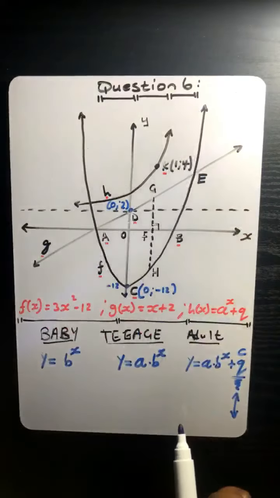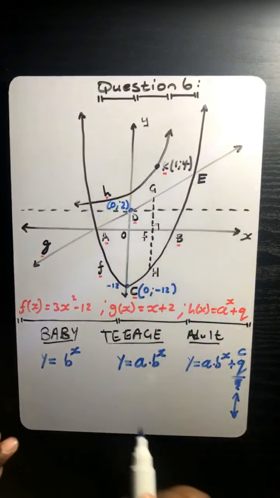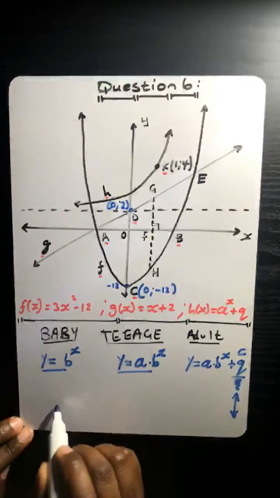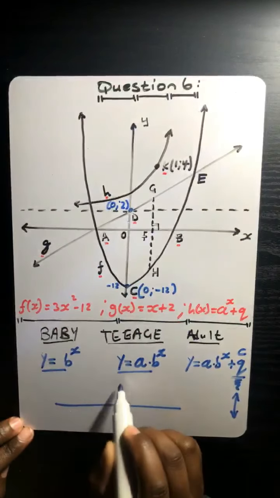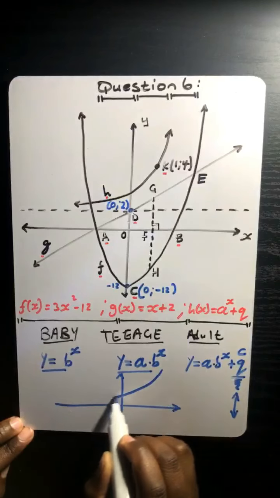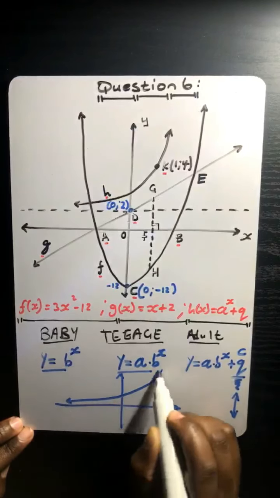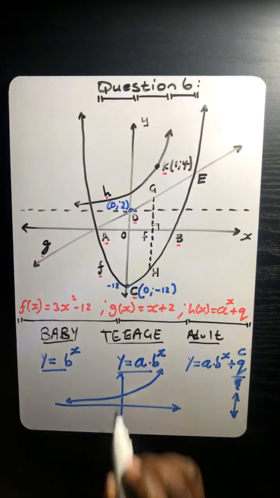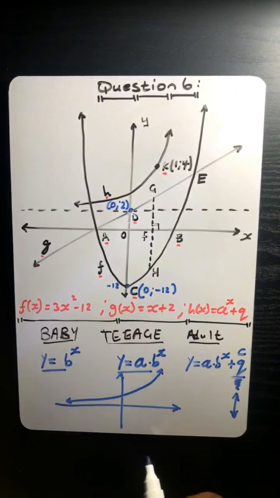But Lerato, obviously, at this stage, you have your Cartesian plane, and then you have your exponential function over there. In this case, Lerato, where is the asymptote?